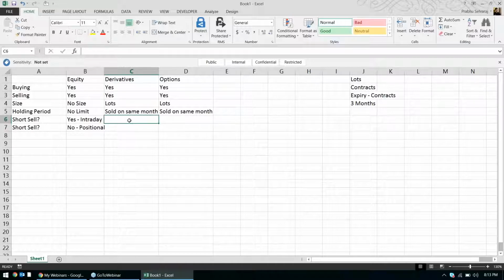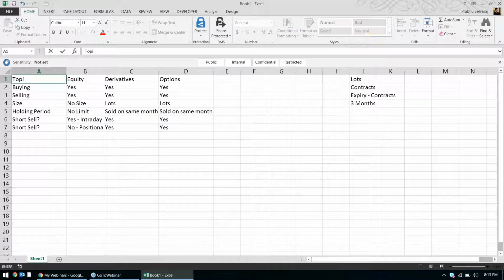In derivatives, can I short sell? Yes. What is short selling? Selling of shares without holding shares in our account. Can I short sell intraday? Yes. Can I do a positional short sell? Yes. Same for this also. I hope everybody is clear on this. There's no doubt about what is short selling.